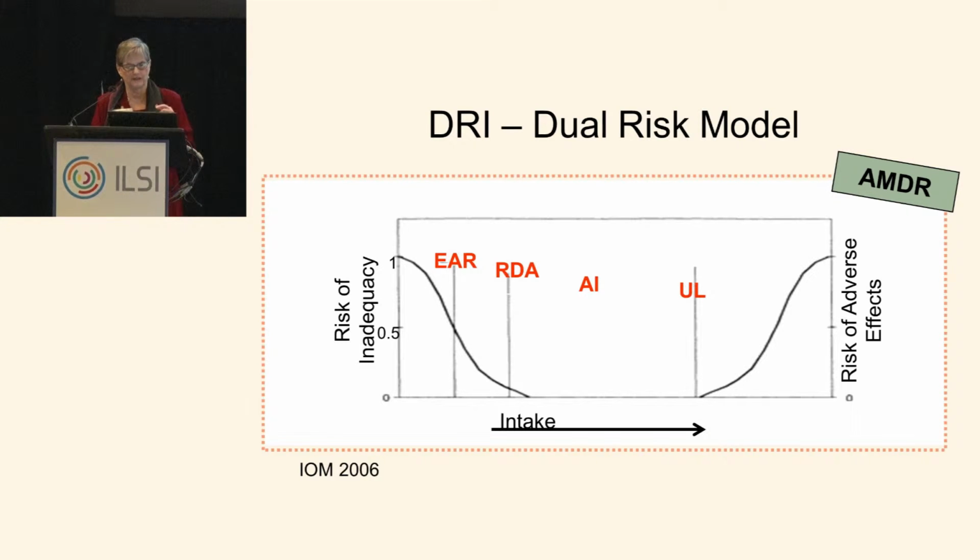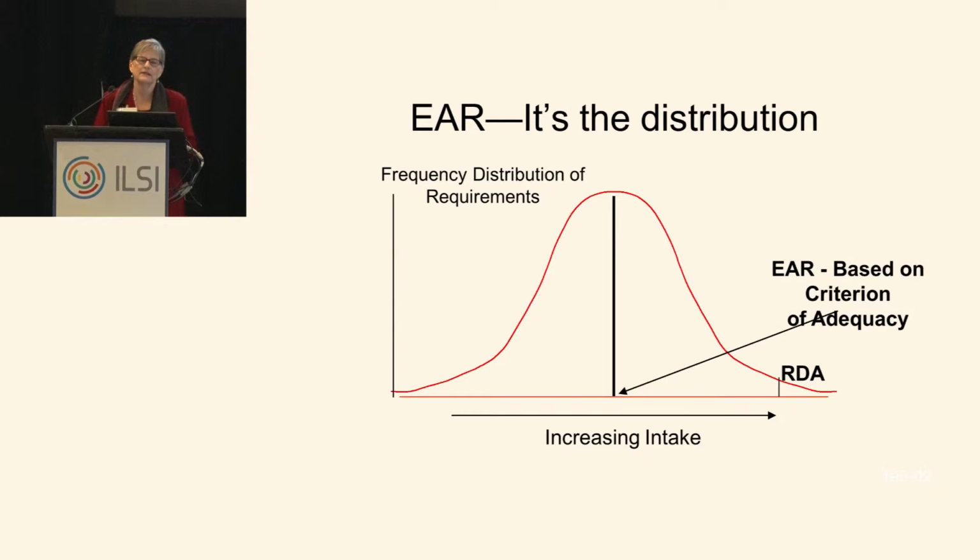Interestingly, and I'll show you the definition, adverse effects was really only used in this model to connote upper levels, although one would say that a deficiency of some enzyme that leads to further problems could be called an adverse effect. This is the distributional model of the estimated average requirement and the RDA.